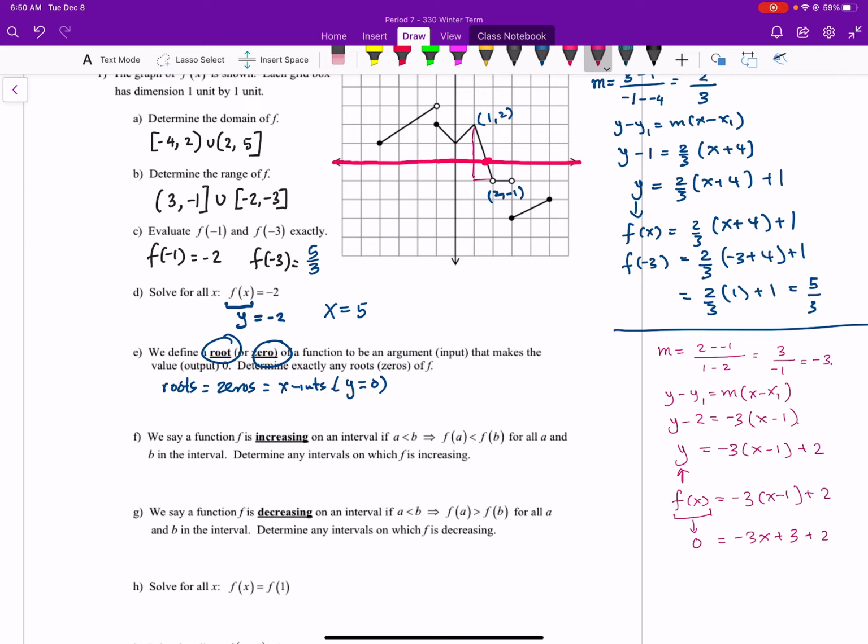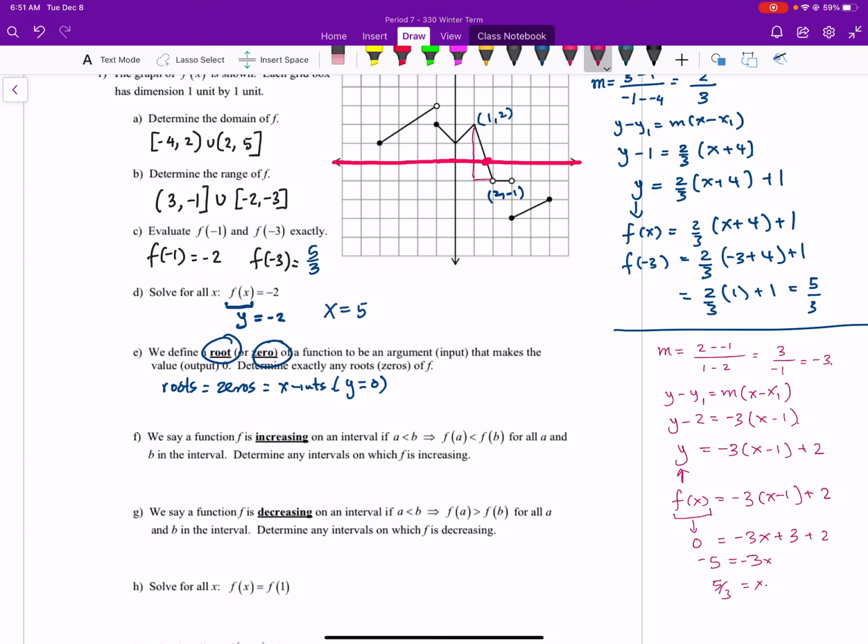Okay, so we end up getting negative 5 is equal to negative 3x. x is what? 5 over 3 is equal to x. All right, so again, if you look at it, you can clearly see that we are just about right. It's a little bit close to 2, which is what 5 over 3 looks like.